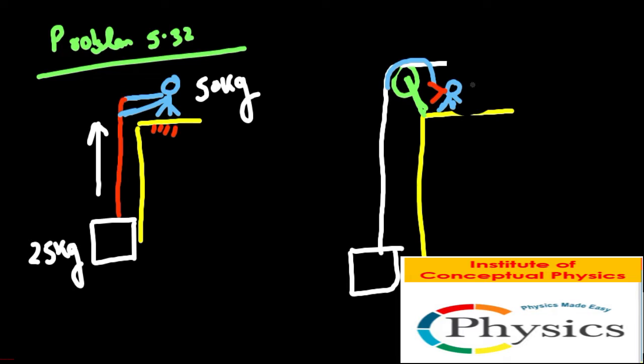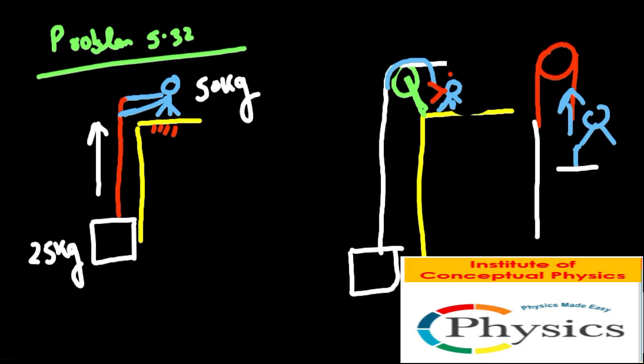So the situation in the second case is that the man in fact is pulling the mass like this. So this is where the man is. He is still standing, but he's pulling on, and the mass is down, okay? So these two situations are the same. I think this is more clear as a diagram.